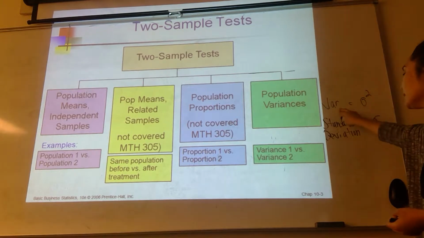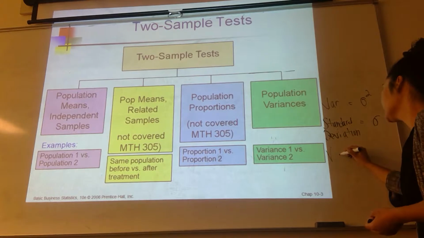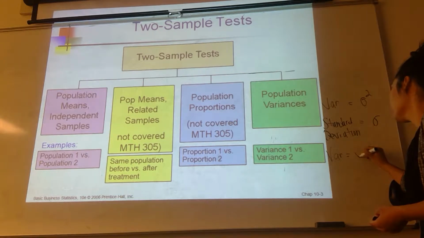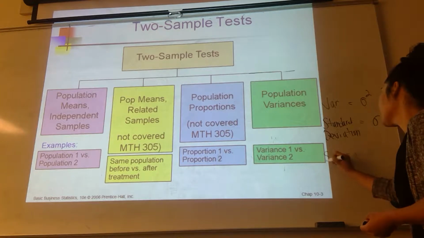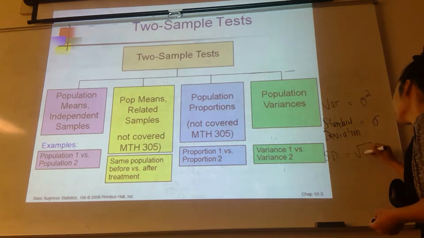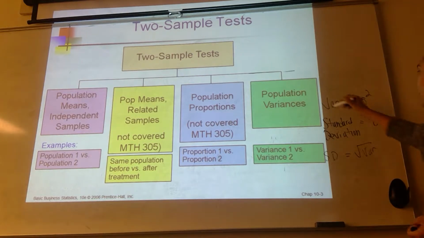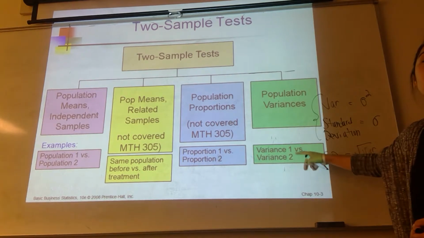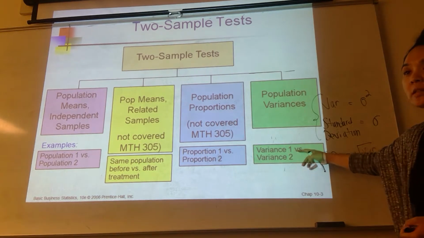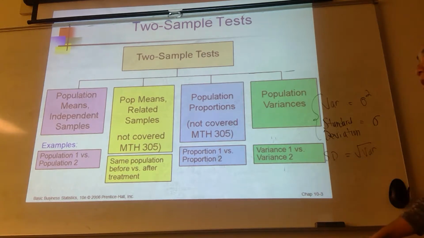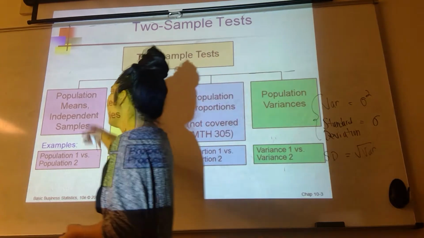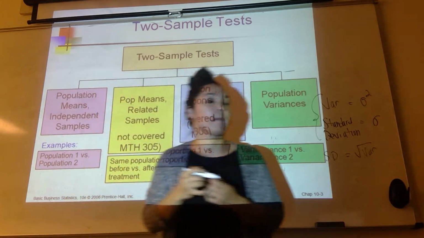So the standard deviation is just the square root of the variance, right? That's how these 2 values are related. So in this one, we're going to be comparing basically the standard deviations, or some form of the standard deviation. Here we're comparing the population means.